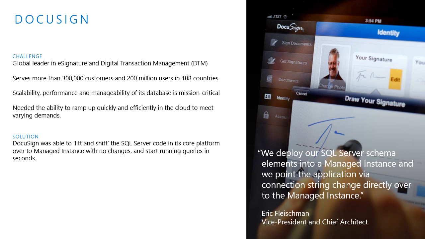So therefore, that becomes your electronic signature. So DocuSign is a global leader in e-signature and digital transaction management. They currently serve more than 300,000 customers and 200 million users in 188 countries.